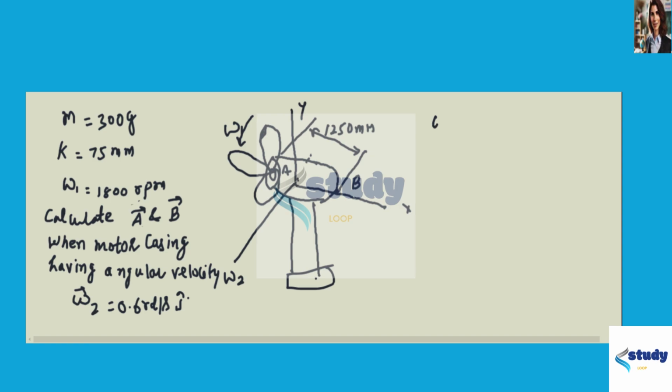Here it is given omega 1. I am writing in vector form and converting into radian per second. So it will be 2 pi upon 60 into 1800 radian per second along I cap, or you may write it as 188.5 radian per second.